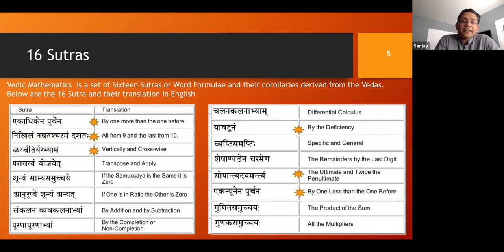So you'll hear this word sutra throughout; everything that we learn is based on one or multiple sutras. The ones that I have marked here with stars are the 6 sutras that I cover in the class. Of course, 16 sutras is a huge science, and it's months of practice.